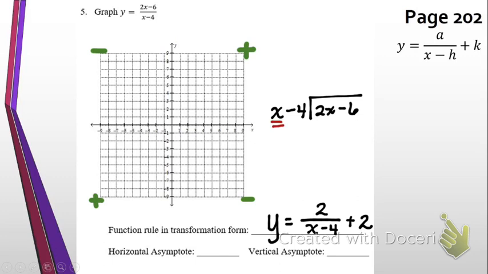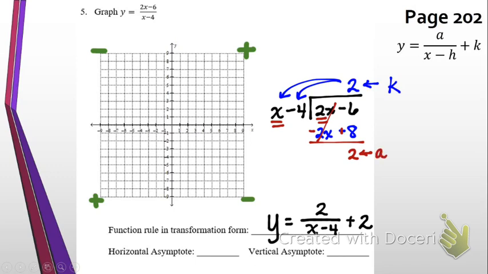How many times does x go into 2x? 2 times. So here's my k, my whole number. That's why it's a plus 2 there. I take this and distribute it to both pieces, so I get 2x and negative 8. But after you distribute, every single time, no matter what those numbers are, what do you do to both of them? Flip both signs. So my 2x's cancel, and I end up with a positive 2 as my a value.